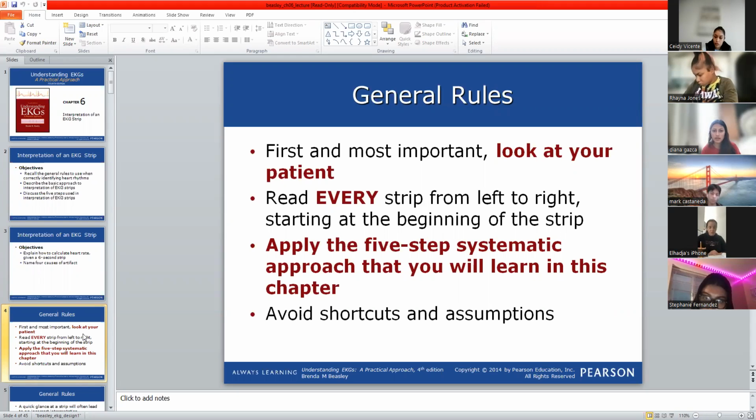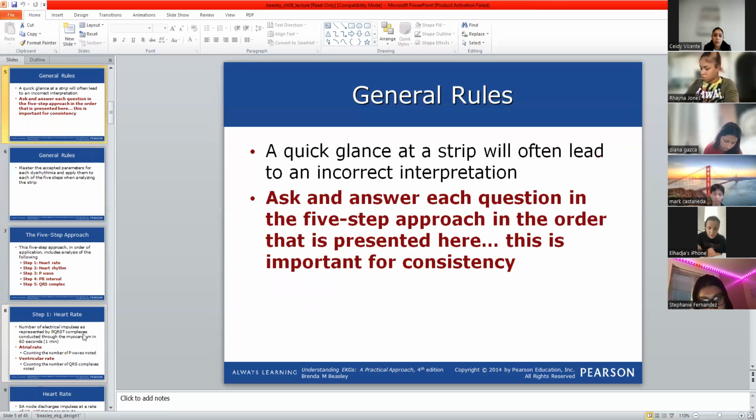I'm not going to jump to 3 before 2 or something like that. No, we have to go in order. So all I need from you is to write down these 5 steps and put them in front of your eyes or in front of your screen so you can answer any strip in the world. Okay, let us go step by step to make our job easy.